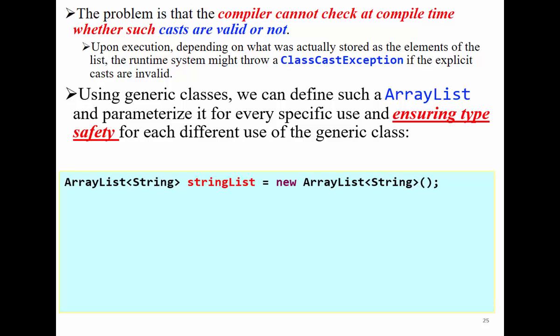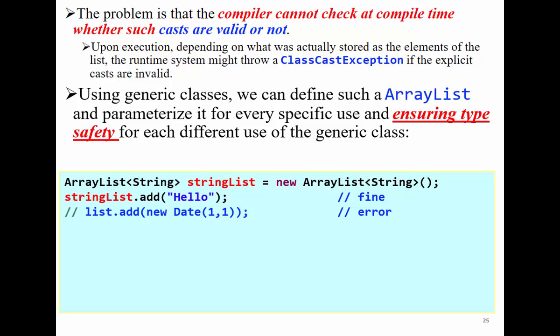Look here, I decide to use an ArrayList, and I specify inside the angular brackets that I'm using this ArrayList to store strings. Java experts defined ArrayList only once with the generic type, but you can use it to store strings. So I can send "hello". If I decide to send a date type, the compiler will stop me. That's the safety that I have by using generic programming.